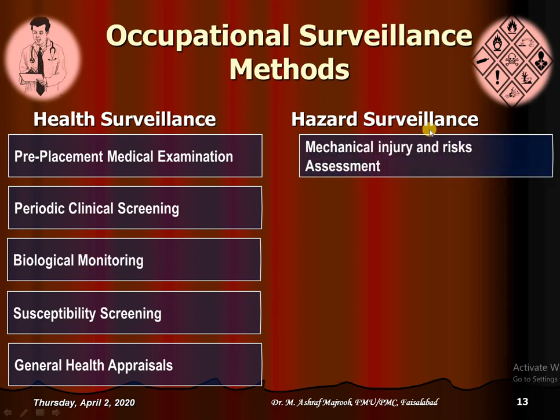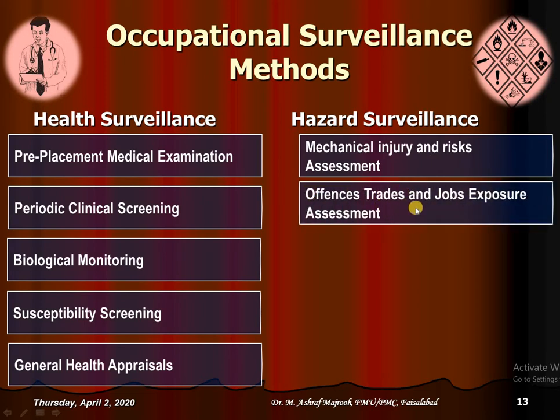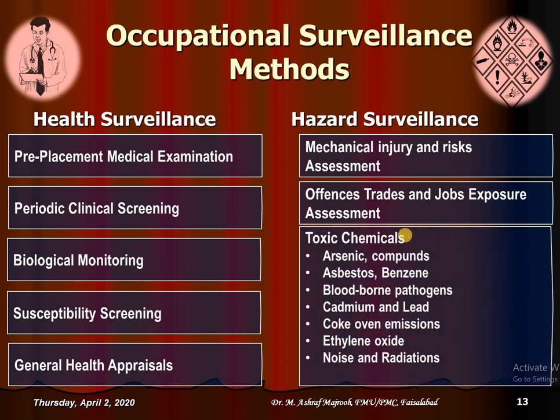Then hazard surveillance, the mechanical injuries and risk assessment. Then offensive trade and job exposure assessment is carried out in hazard surveillance. There is a list of toxic chemical substances which are regulated to be measured at the workplaces.